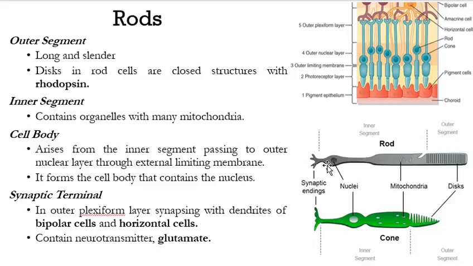And then we have the synaptic end, and before that, we have the nuclei. The cell body arises from the inner segment, passing to the outer nuclear layer through the external limiting membrane. Okay, so this is now going through the layers that we already had. But what I would want you to get out of this is that in the outer plexiform layer, we have these synapsing with bipolars and horizontal cells as well, and they release glutamate.